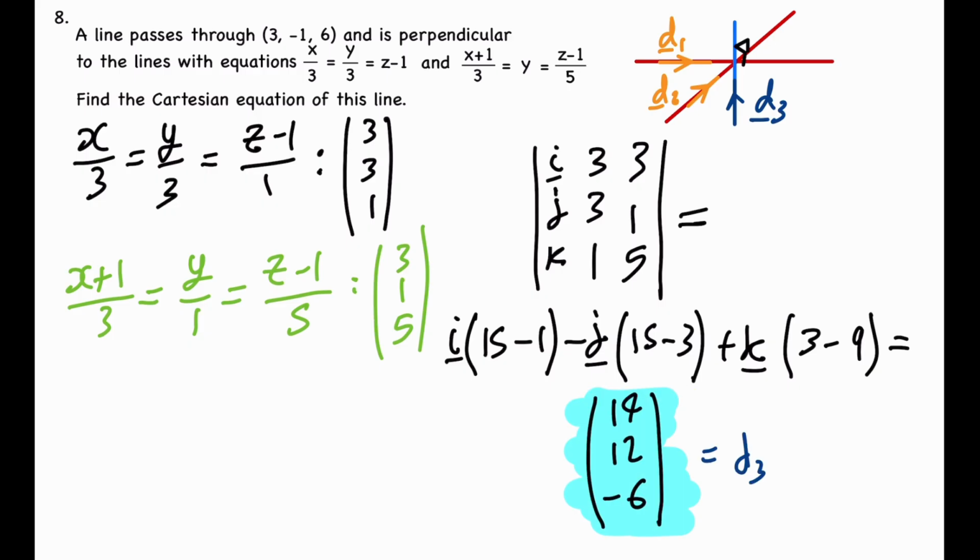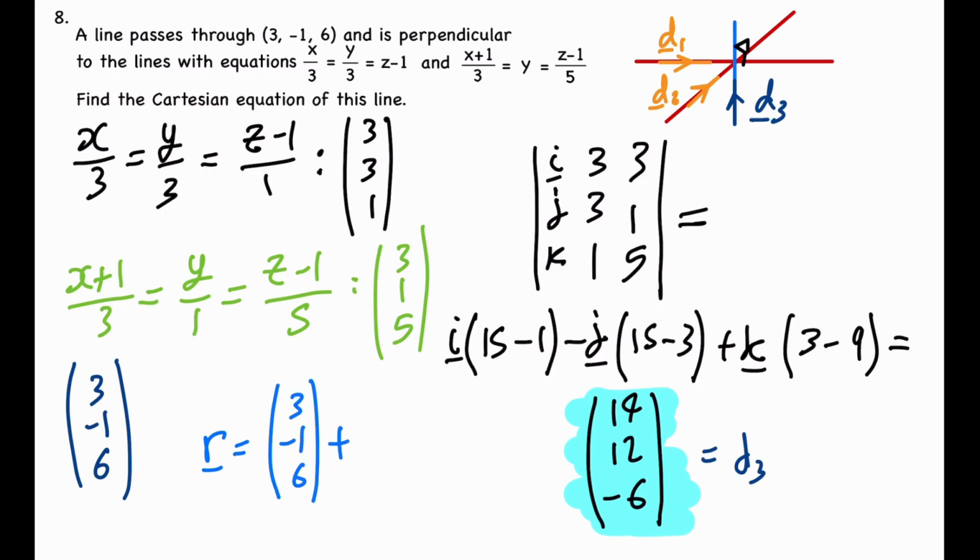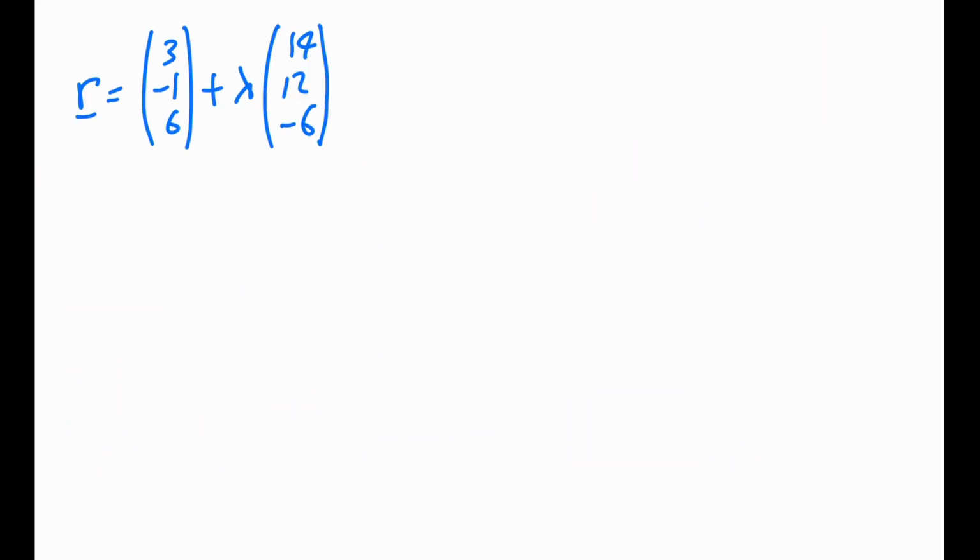And we know the position vector of the point on the line. So that can just be 3, minus 1, 6. So the vector equation of the line is going to be r is equal to 3, minus 1, 6, plus lambda times 14, 12, minus 6. Because we join these two together. Now to convert it into the Cartesian equation of the line, we're just going to use this equation and make it equal to x, y, z and make each row equal to lambda.